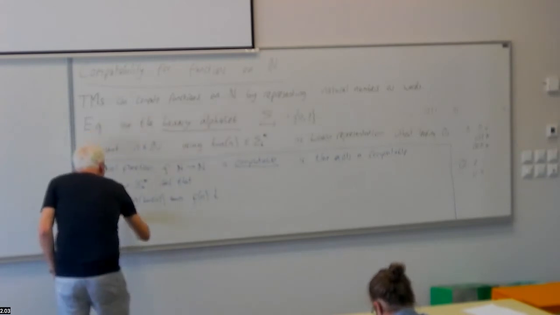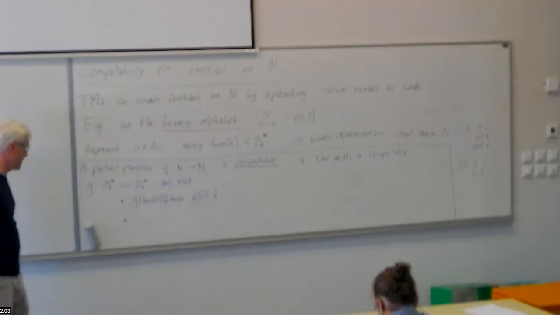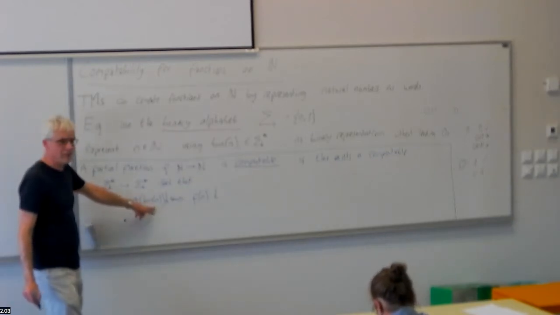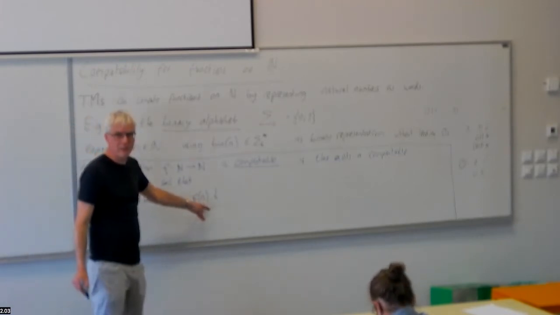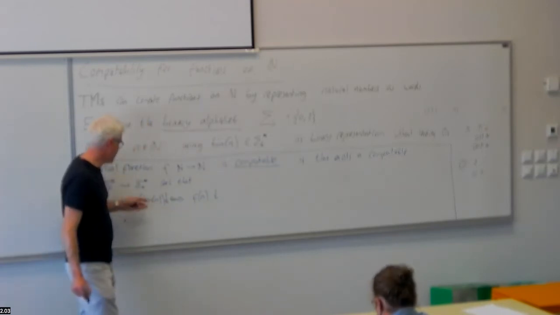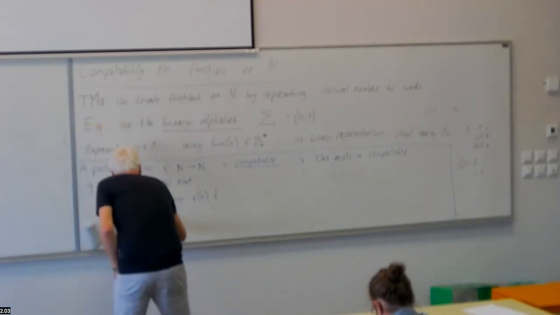So G is defined on the binary representation of n if and only if f of n is defined. In the case that G is defined, and equivalently f of n is defined, then obviously G applied to the binary representation of n should compute the binary representation of f of n.